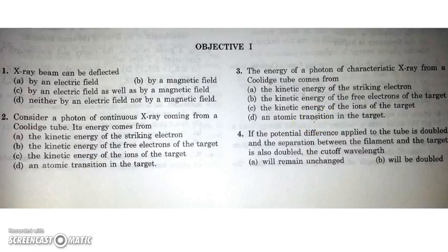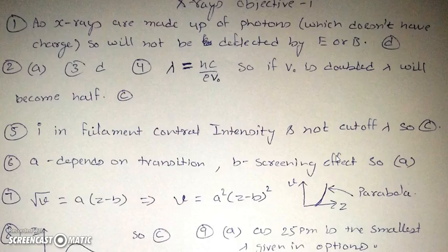Okay. The next question, if the potential difference applied to the tube is doubled and the separation between the filament and the target is also doubled, the cutoff wavelength? As we know, cutoff wavelength depends simply on the accelerating voltage, by this expression, lambda equals hc by eV accelerating.